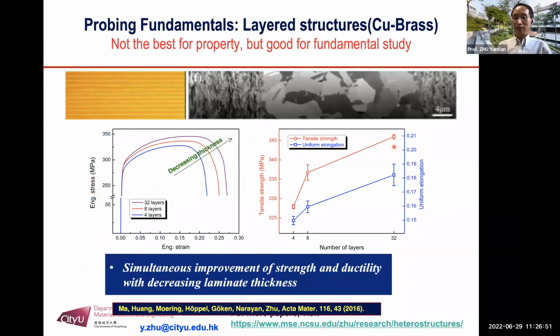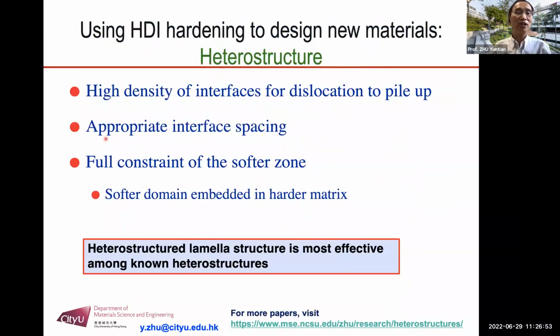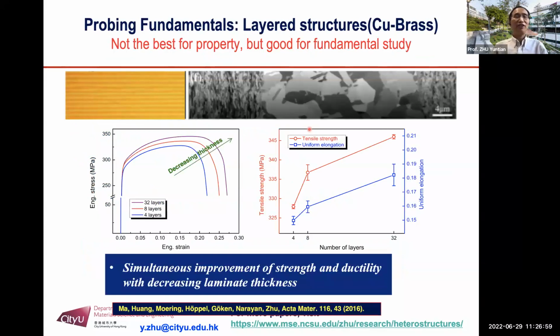Earlier, we said this must have appropriate interfacial spacing. Okay, here is some evidence.